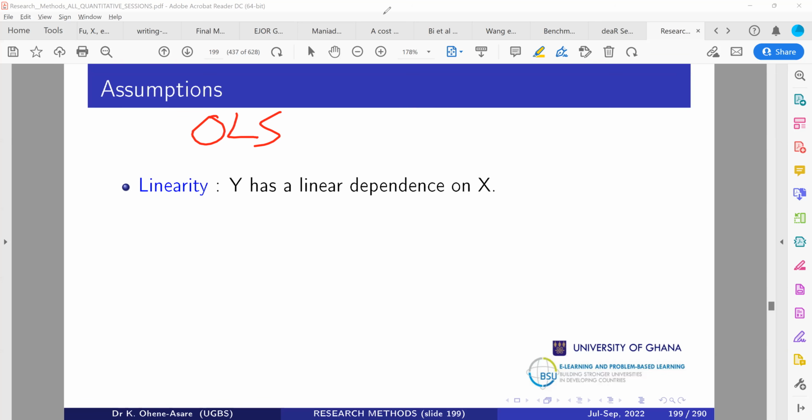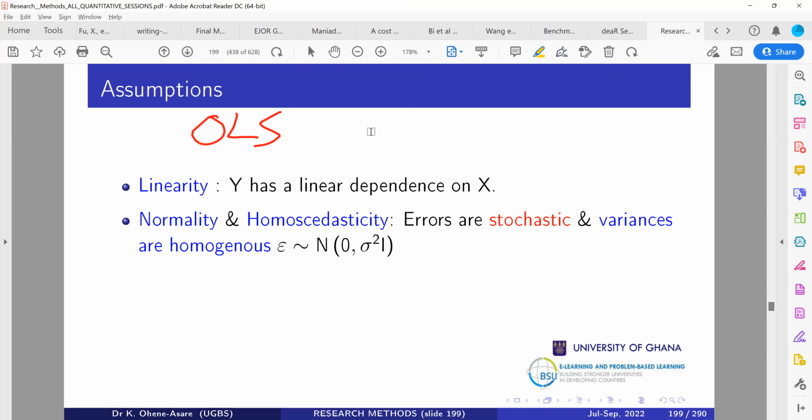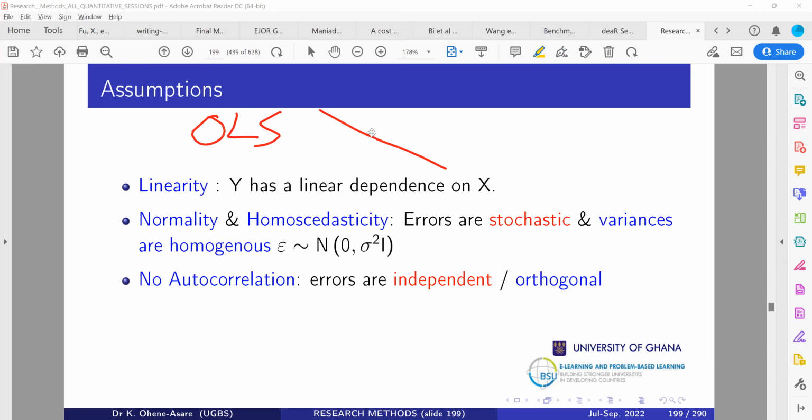It means that the relationship between X and Y must be linear. A relationship that is linear is something like this. It deals with a line, but it can also be going upward, going vertical, or going horizontal, as long as it's linear.